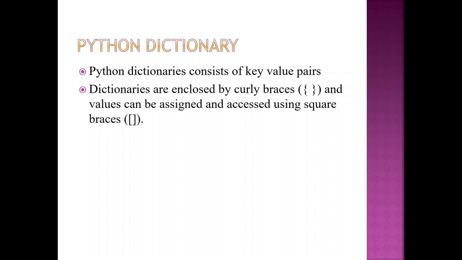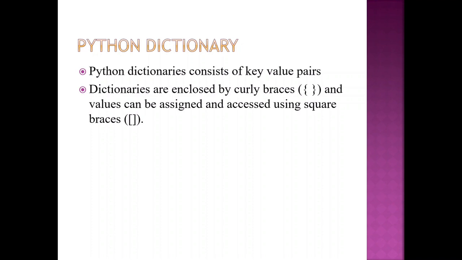But in case of dictionary, here also we have values of different types, but for each and every value we have a key. In case of list and tuple, we access our elements by using the index. In dictionary, the key acts exactly like the index. Here we can access each and every element of the dictionary by using the key.